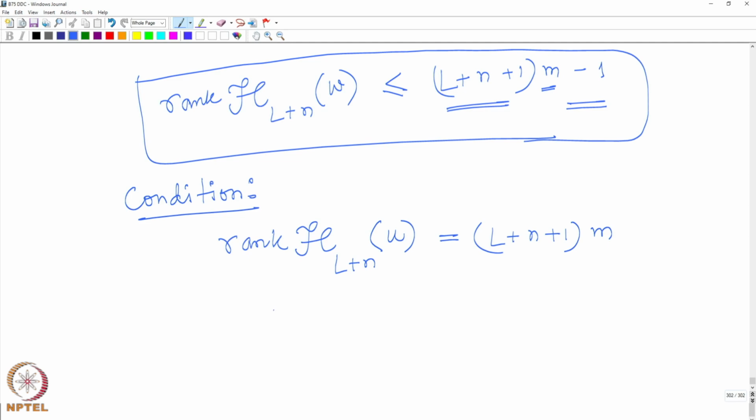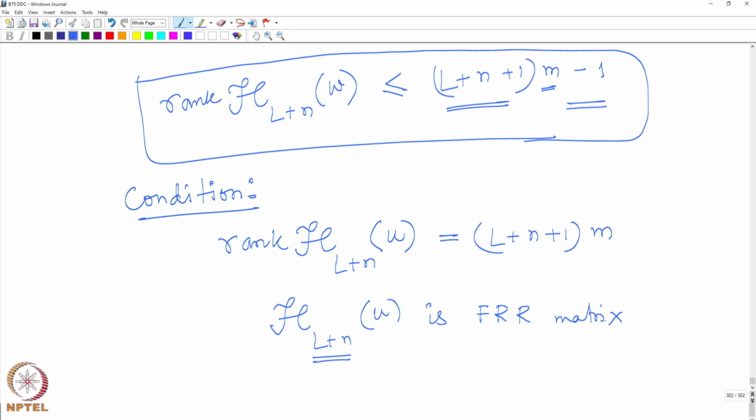What this means is that this H_{L+N}, the (L+N)th order Hankel matrix created out of the input only, is a full row rank matrix.